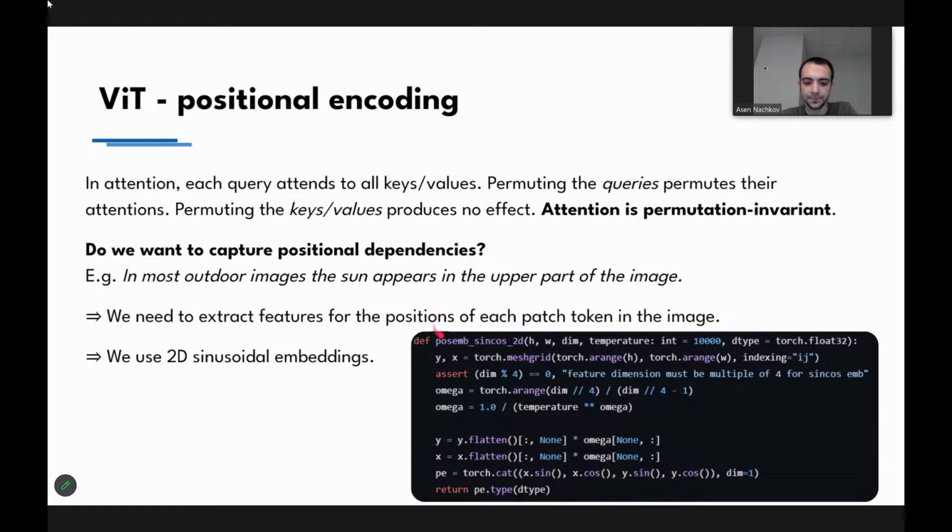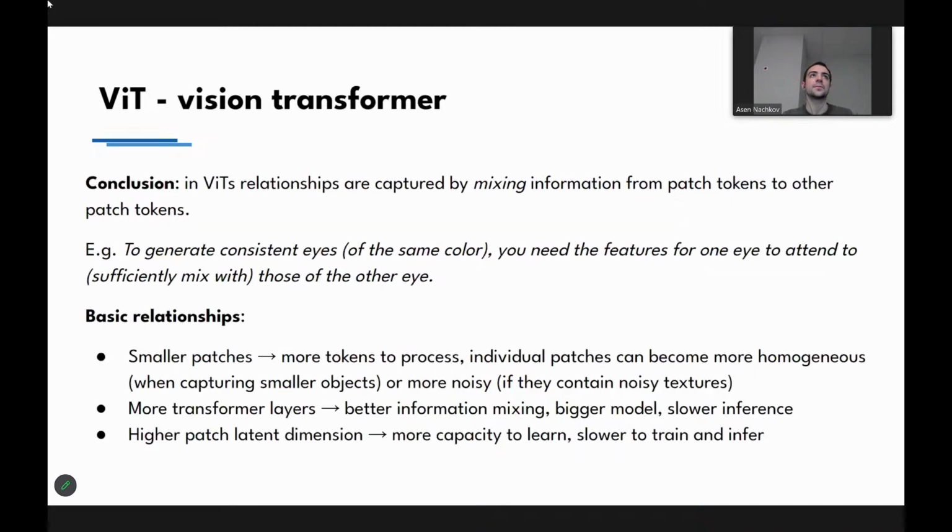And these features can be pre-computed, they can be stored beforehand. So they're very efficient to calculate, and we just add them in an additive way to the actual patch tokens. And pretty much this is all that is important to say about the VIT.